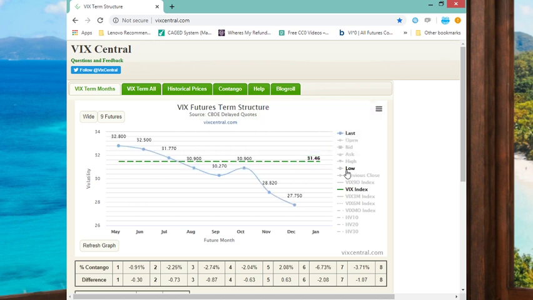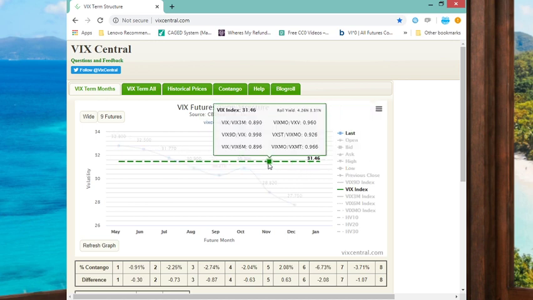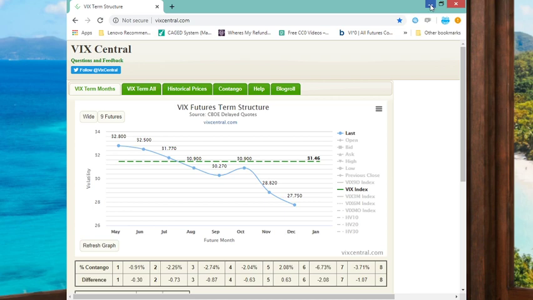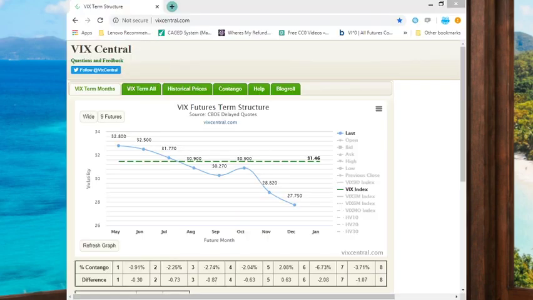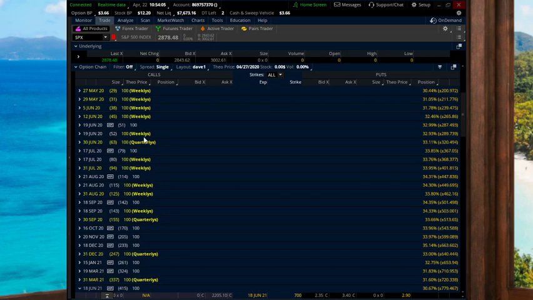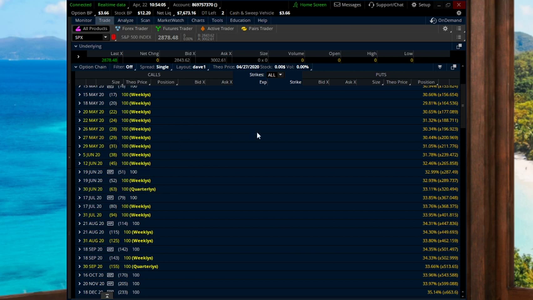Now, what corresponds more exactly to that price level is going to be this flat line that's the VIX here, right? So that's going to correspond almost exactly to the 30-day out option. So if we look at which option is 30 days out here on the screen, and we go, so 29 days out, we're showing 31.